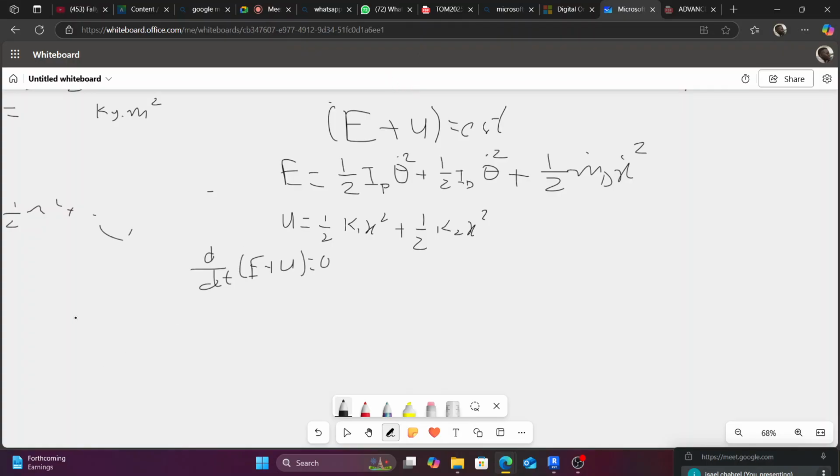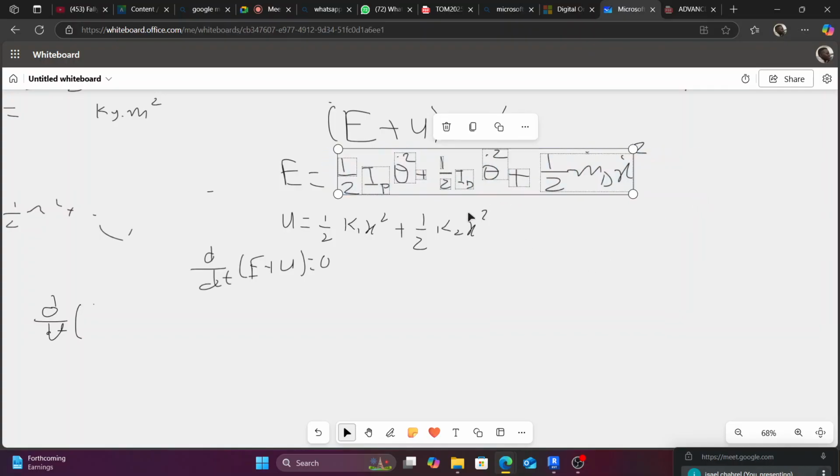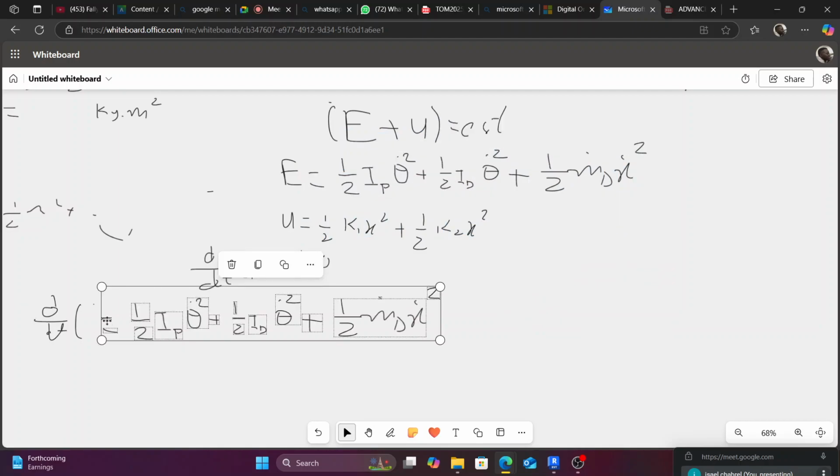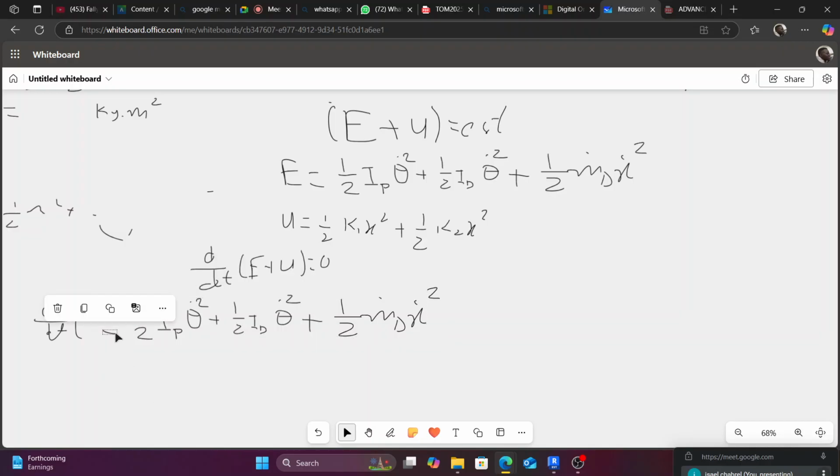Now, what you are differentiating in terms of time is simply this. Let me work smart: copy and paste, Control C, Control V. Why should I work harder?